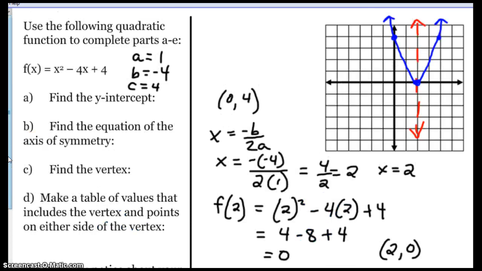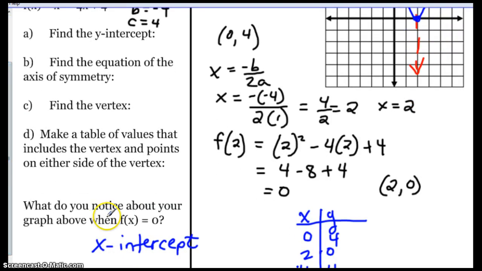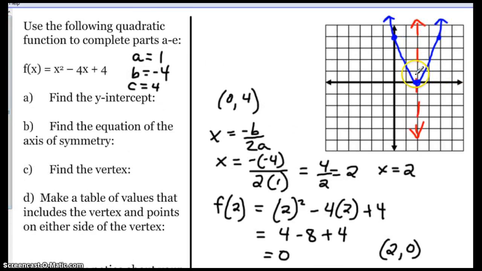Okay, the last part I touched on in the first video has to do with when the y values are zero. When our function is at 0, you notice you have an x-intercept, and that is going to be our solution. Anytime they ask for the word solution, you're looking for the x-intercept.